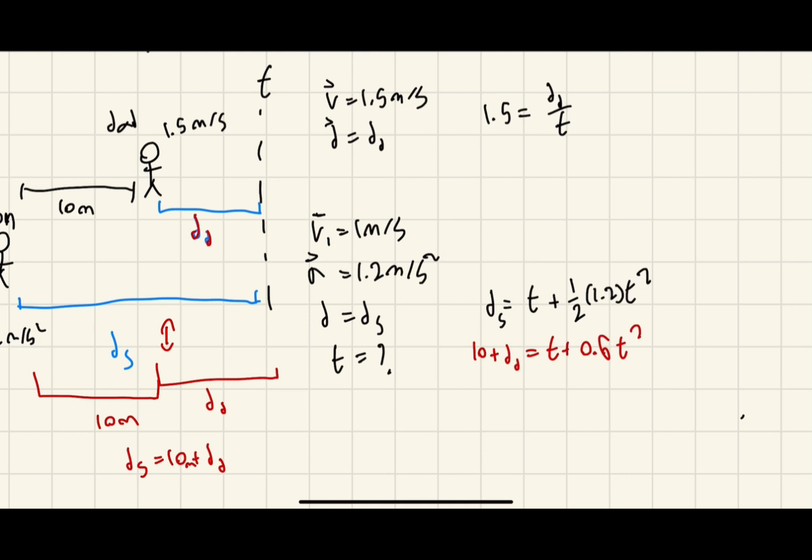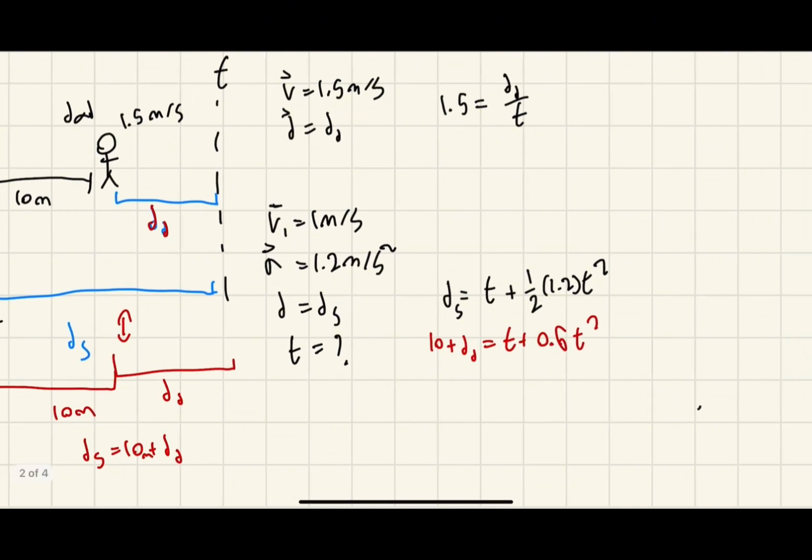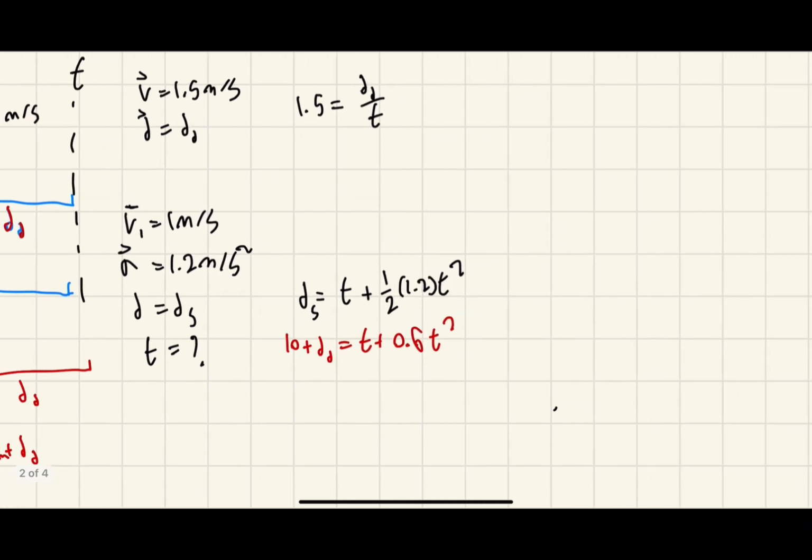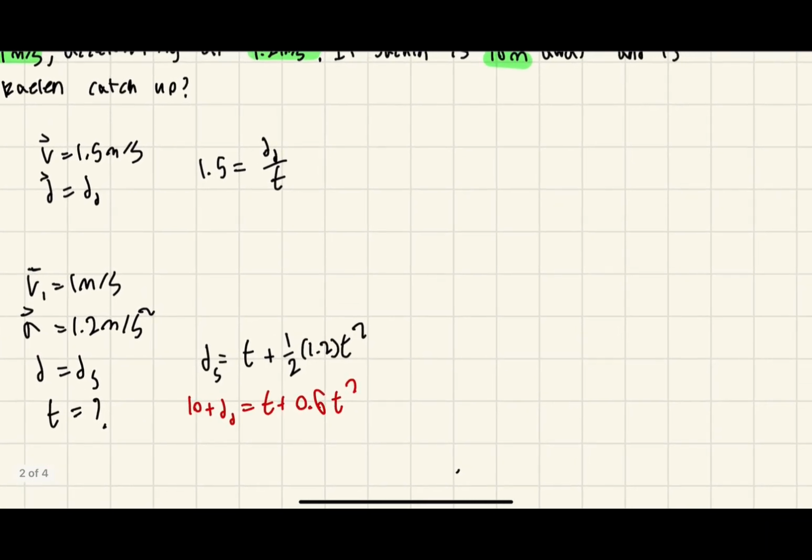Now look what we have here. We have two equations, two variables again. Let's go ahead and isolate for d dad in both equations. So here we're going to have d dad is equal to 1.5 t. And here we are going to have d dad is equal to 0.6 t squared plus t minus 10.